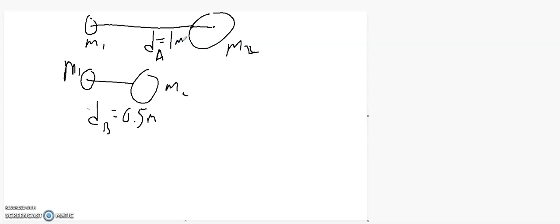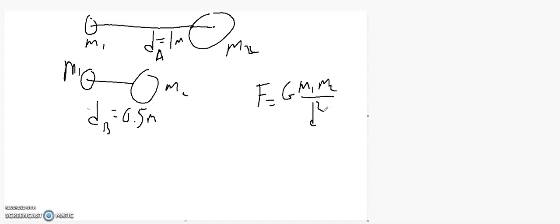So now what's the force between them? Remember that the problem was what was the magnitude of the force and is it stronger or weaker? From the general formula, the force is equal to G times the product of the two masses divided by the distance squared.